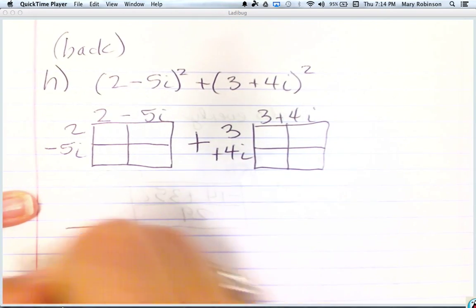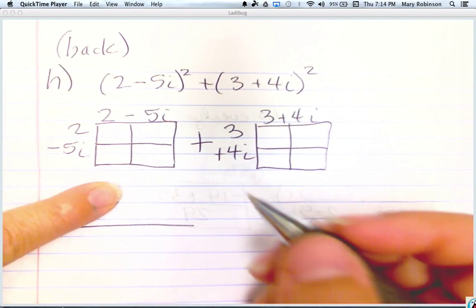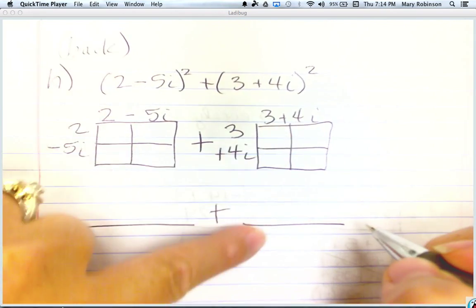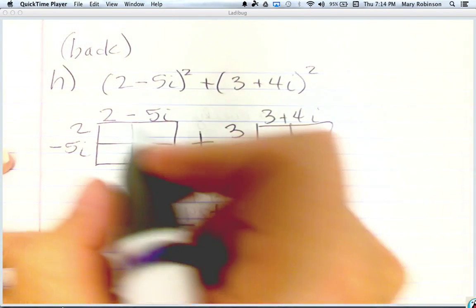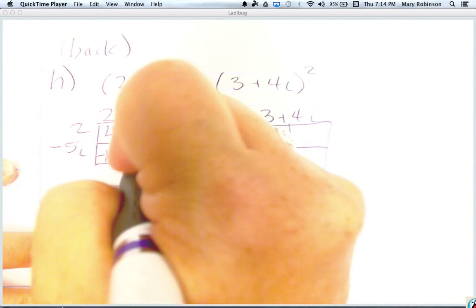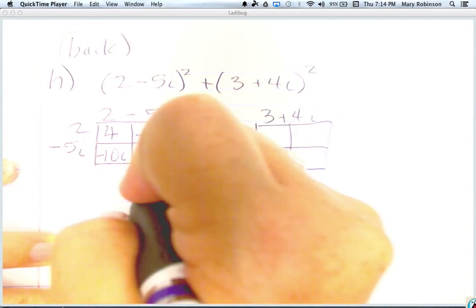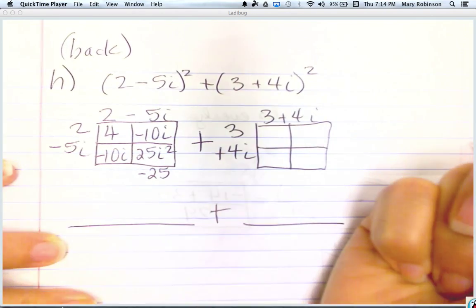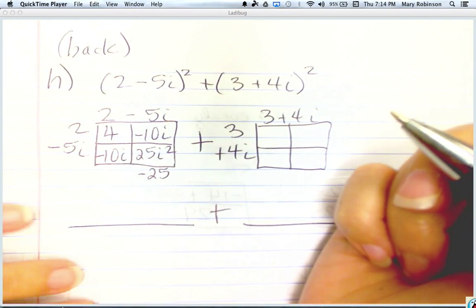So ultimately we should get a quantity for this box plus the quantity for that box. 4, negative 10i, negative 10i, positive 25i squared. Remember, that will become negative 25 because it's 25 times negative 1.